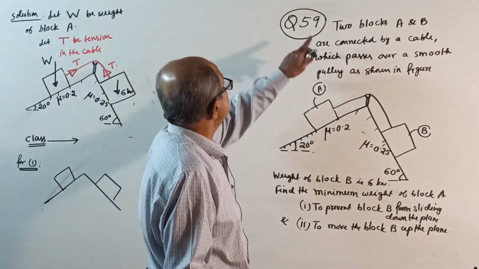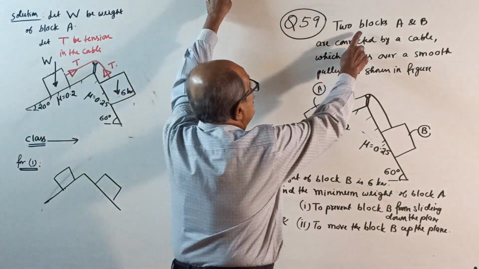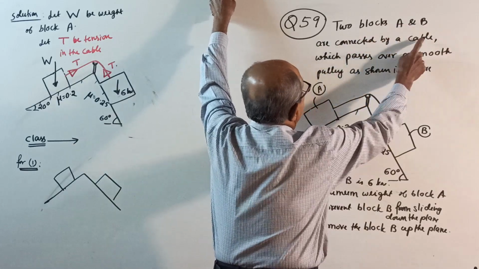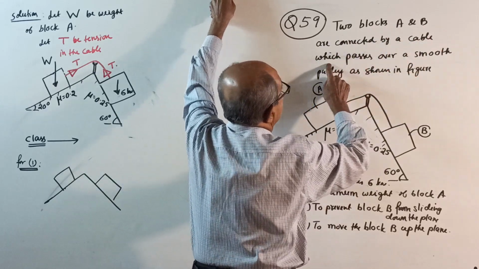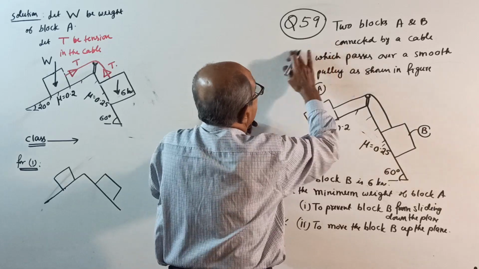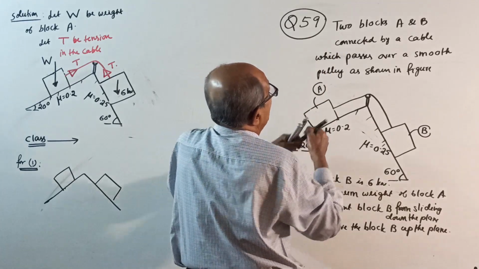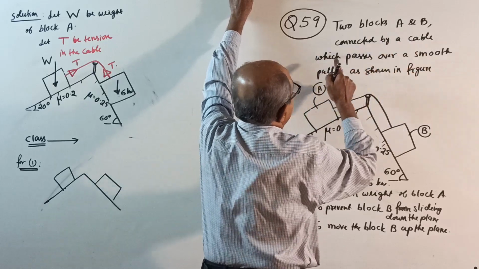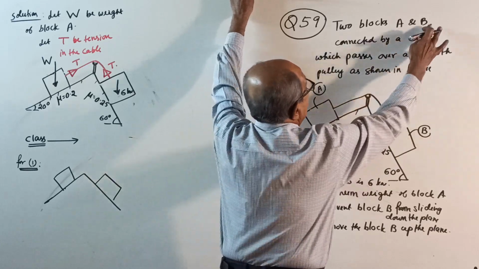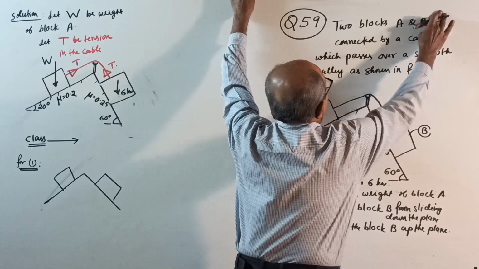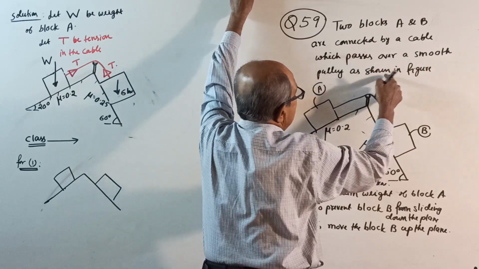Now, question 59. This is some examination question. Two blocks A and B are connected by a cable which passes over a smooth pulley, as shown in the figure.